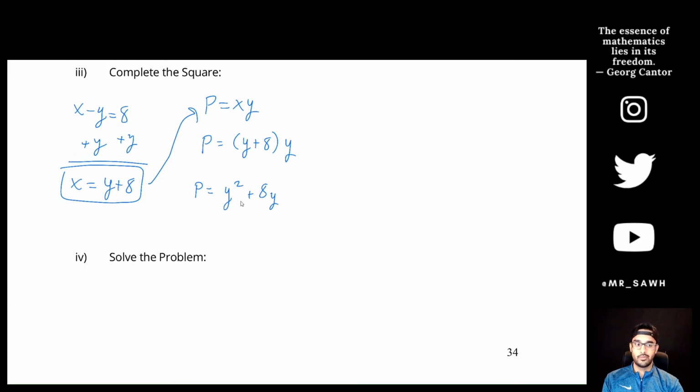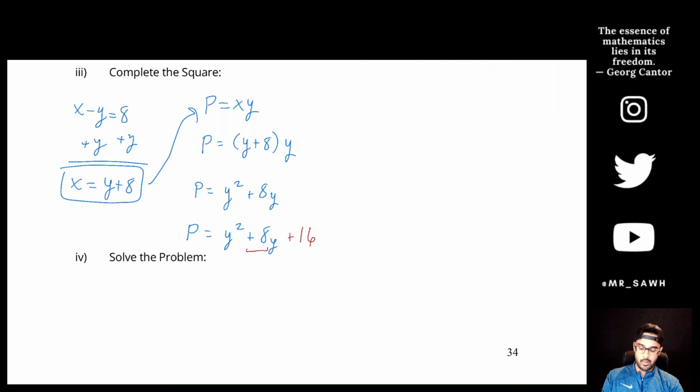So what I'm going to do to find the vertex is complete the square. So my product is going to be equal to y squared plus 8y. Now I have to think about the number I'm going to add, so I can take my 8, the number that's in front of my y, divide it by 2, and square it. So 8 divided by 2 is 4, squared is 16.